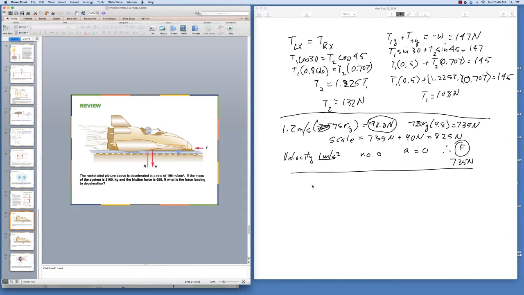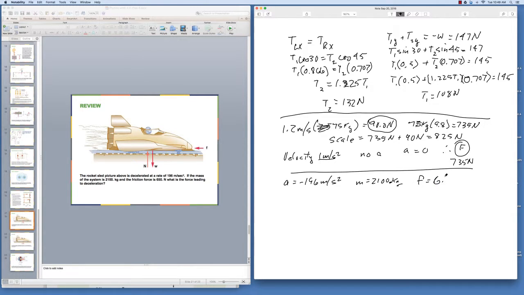So we have a rocket sled that's decelerating at 196 meters per second squared, and the mass involved is 2,100 kilograms, and the friction force is 650 newtons.